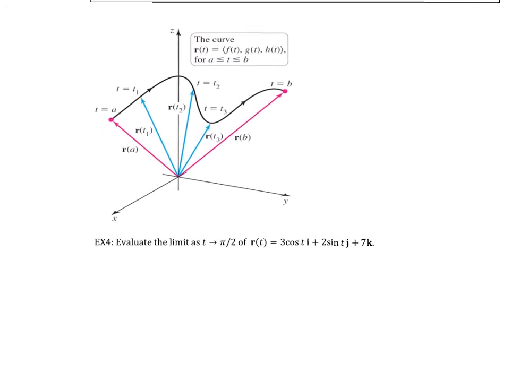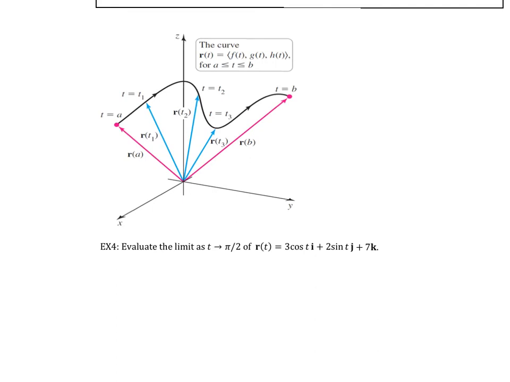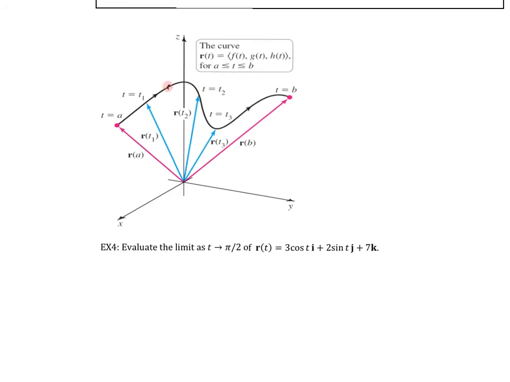Let's go back to that diagram we had in the beginning. Let's just say that I wanted to look at, maybe I'll do a nice big dot here, I wanted to see if the limit exists at this point on the curve. If the limit exists, then I should be able to approach the vector that corresponds to that point. So it has to be defined for it to be continuous, but it doesn't have to be defined for the limit to exist, in this particular case when we're talking about vector valued functions.